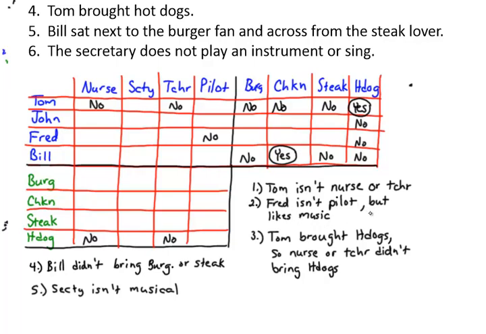So Fred likes music. The secretary is not musical. So not Fred. So Fred is not the secretary. Okay? The secretary does not play and he doesn't sing.